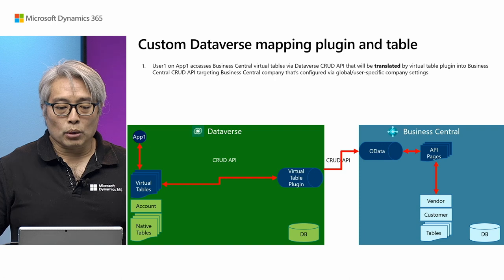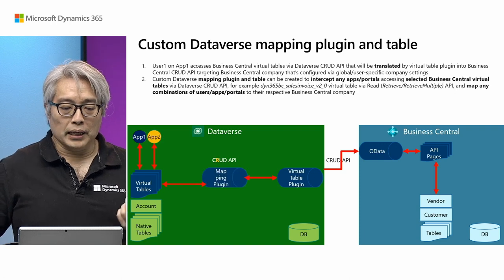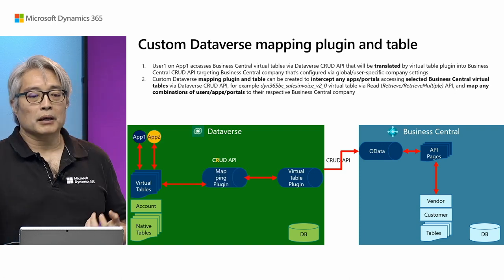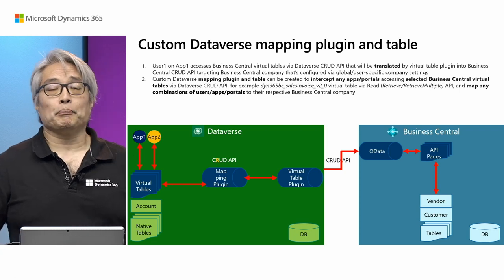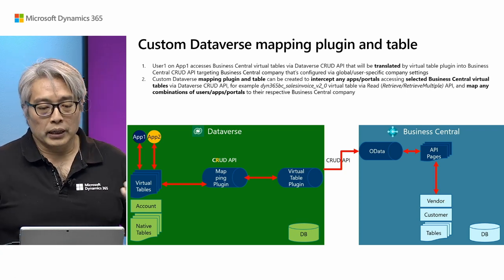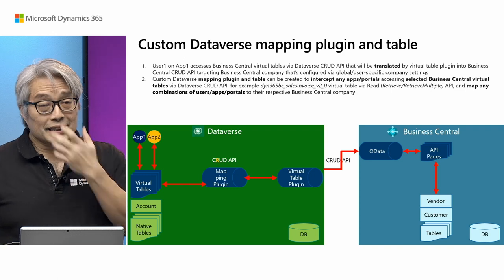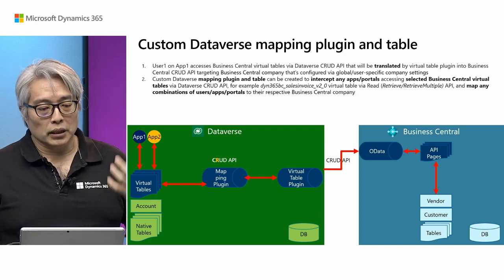Now you can actually create a mapping plugin and table. The mapping plugin can be created to intercept any Power Apps or any Power Pages portal accessing a selected Business Central table.